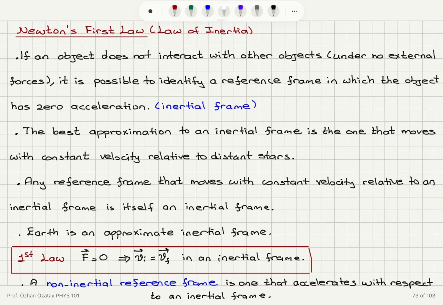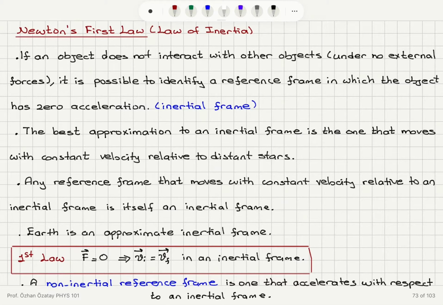Now, is Earth an inertial reference frame? Obviously, Earth is moving, it has an orbit, and it's actually spinning around its axis, so strictly speaking it is not, but it is an approximate inertial reference frame.